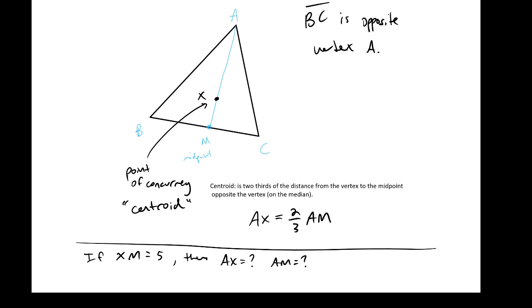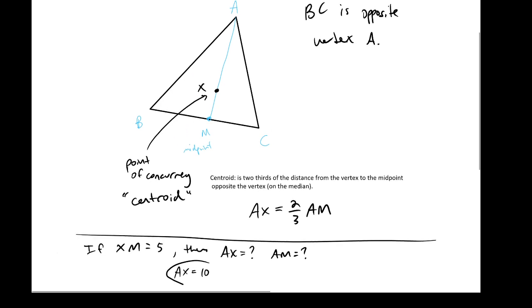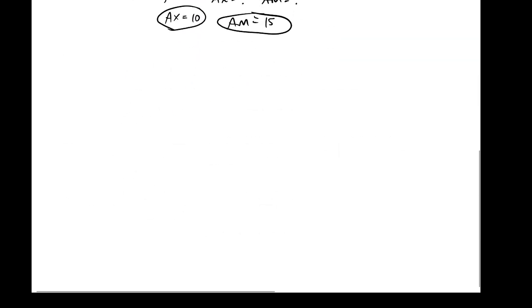AX is 2/3 of it. So the other portion has to be twice as long. In other words, AX is going to be 10, and AM is going to be 15. That's that. Don't overcomplicate those problems. 2/3 and 1/3.